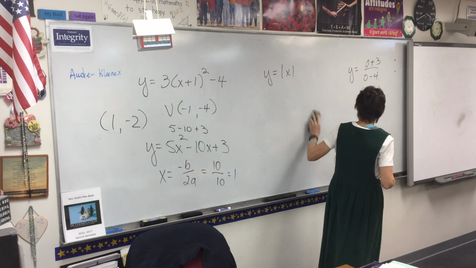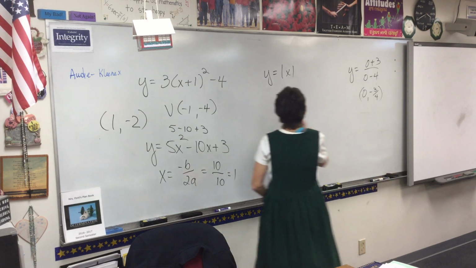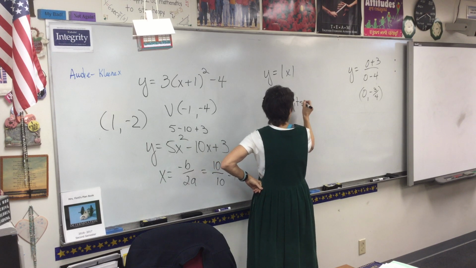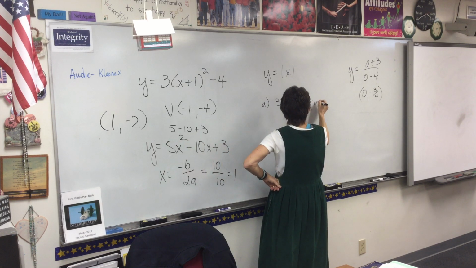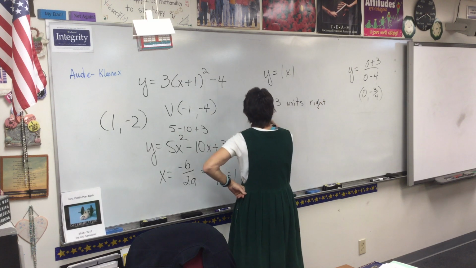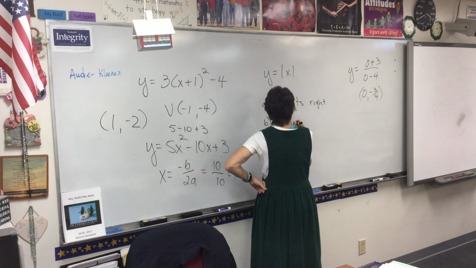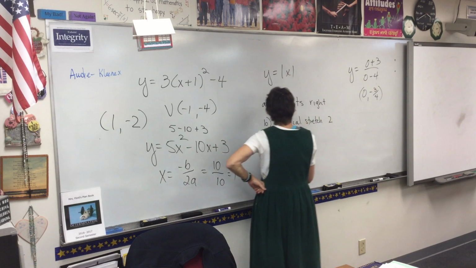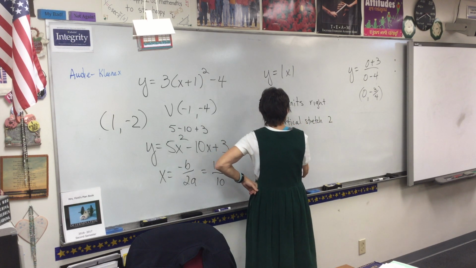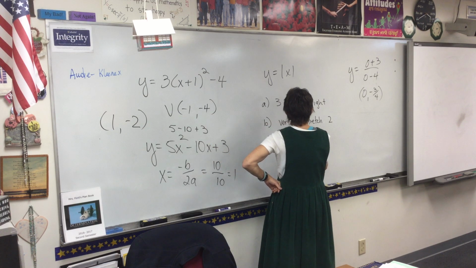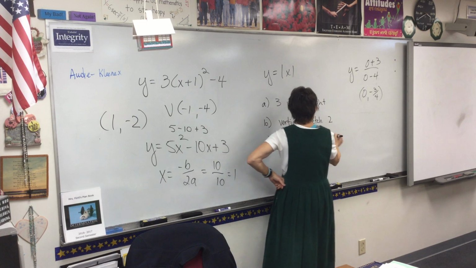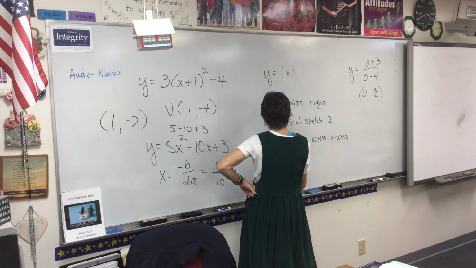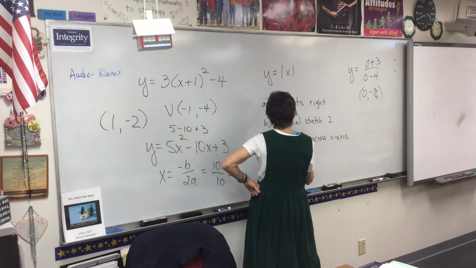Write the equation that represents a move, a translation, or a movement 3 units right, a vertical stretch of 2, reflection across the x-axis, and 2 units down.